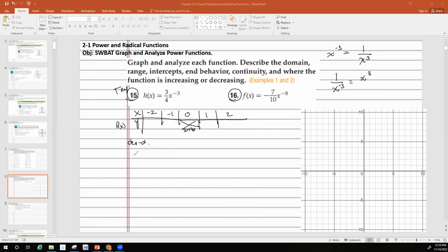So y equals -7/10 times -2 to the -8th power. When you do that, I got -0.003.